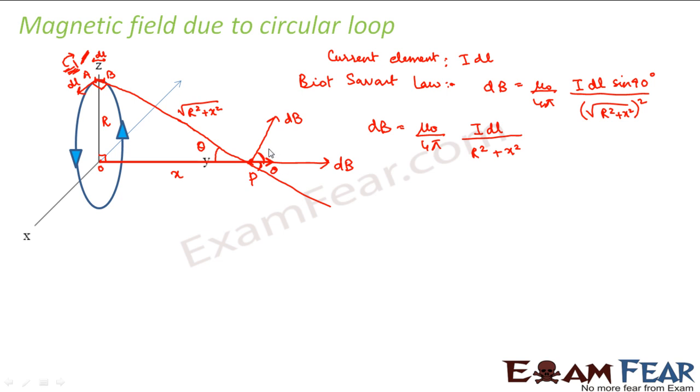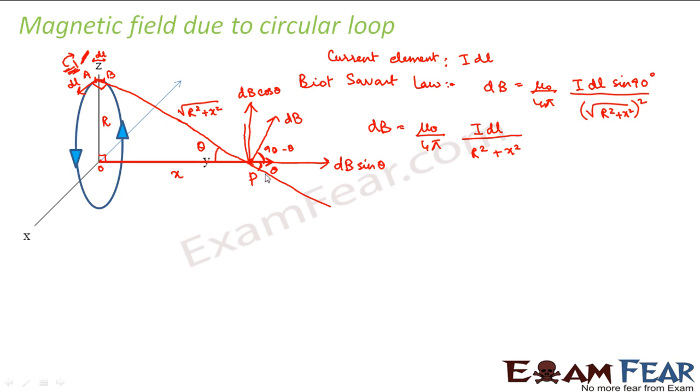This will be nothing but 90 minus theta. So if you resolve dB into two components, this will be dB cos 90 minus theta, that is dB sin theta, and this will be dB sin 90 minus theta, that is dB cos theta. So these are the two components.